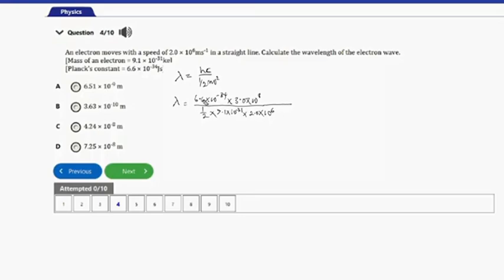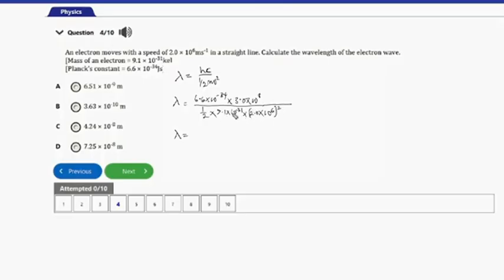If we input all these, we are going to have that lambda is equal to the Planck's constant 6.6 times 10 to the power of negative 34 times the speed of light, 3 times 10 to the power of 8, over half mv squared, that's the mass times the velocity squared all over 2.